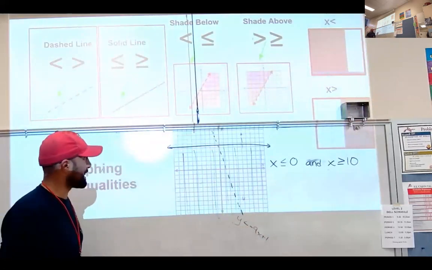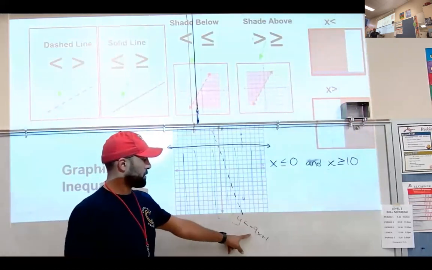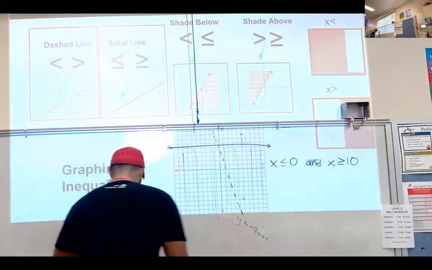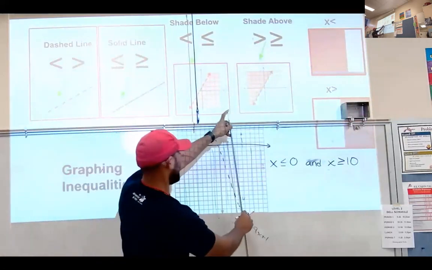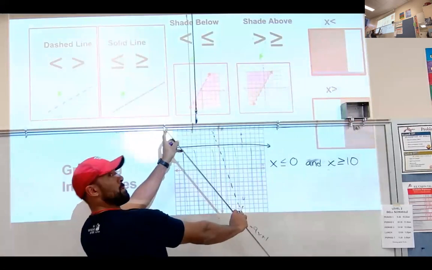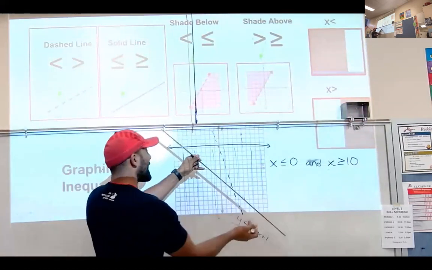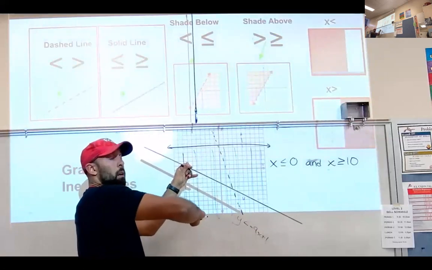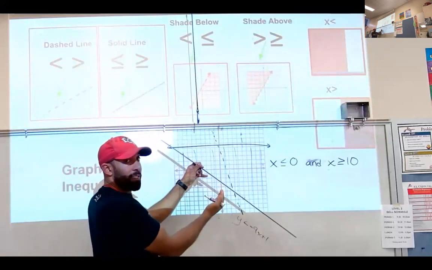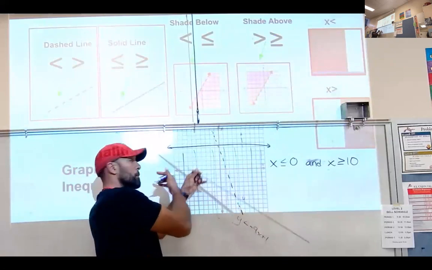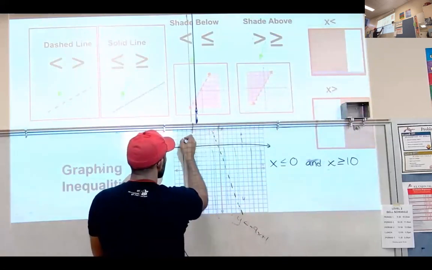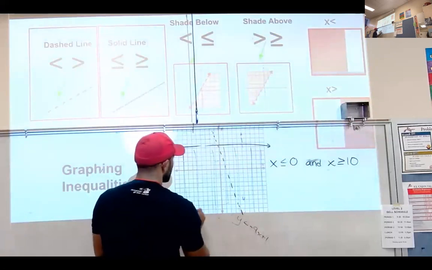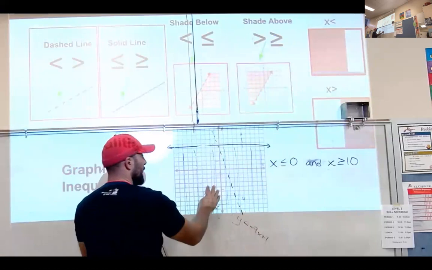And then for the next line, this one, it says y is less, and the line itself is leaning this way, and the underneath or less than would be down here, right? Which, if you look at it, that's to the left side. So that means that less than is both this area and this area.